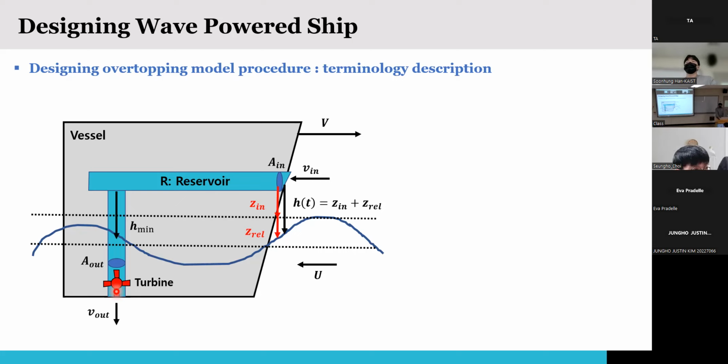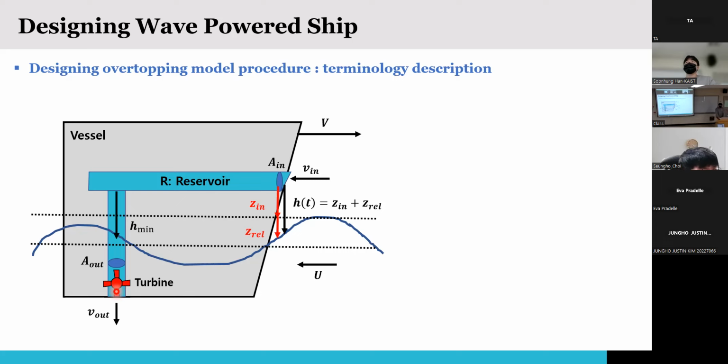You can generate energy at that time also, but you need to think about this kind of situation. Second, you need to have a wider opening, as big as possible, to get more overtopping water. In this picture, the opening is too small for me. You need to think about this kind of idea.